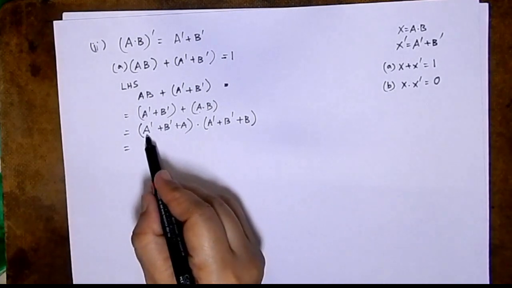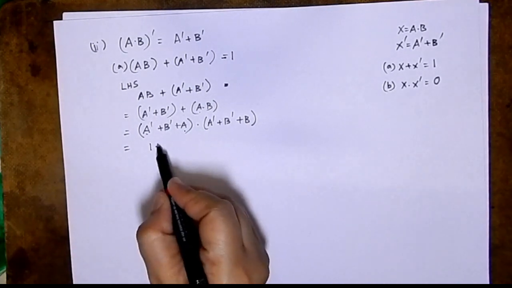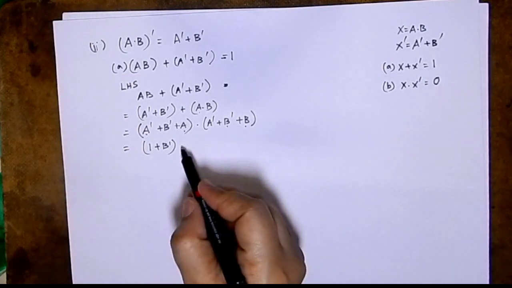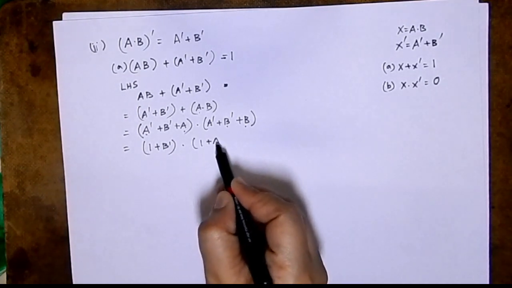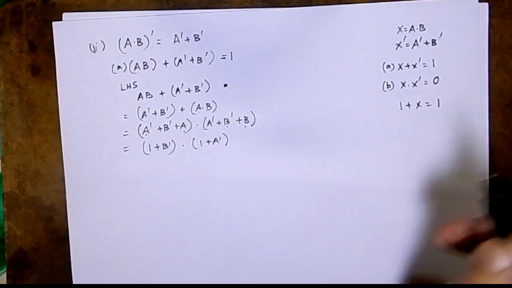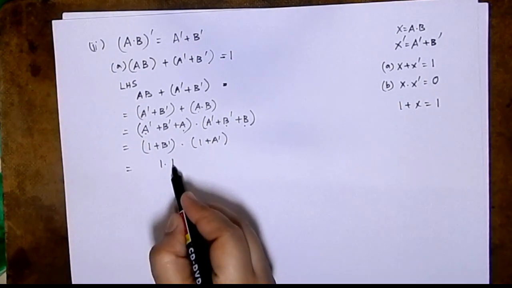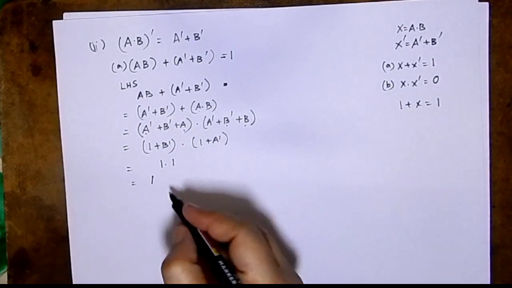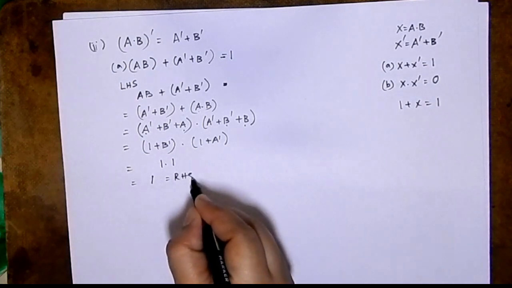Now we know that a plus a dashed is 1, so 1 plus b dashed. Again b plus b dashed is 1, so we have 1 plus a dashed. We know that 1 plus x is equal to 1, so this is 1 into 1, which is 1. So it's the first condition proved, which is equal to RHS.